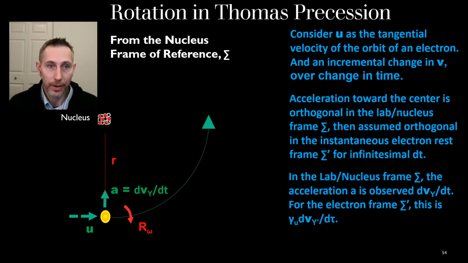In the lab frame sigma, the acceleration a is observed as dvy divided by dt. For the electron frame sigma prime, this is gamma u times dvy prime divided by d tau. We need to make sure that we correctly account for the effects of special relativity in these components of the equation.